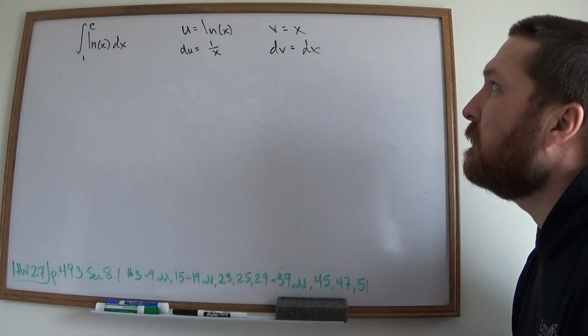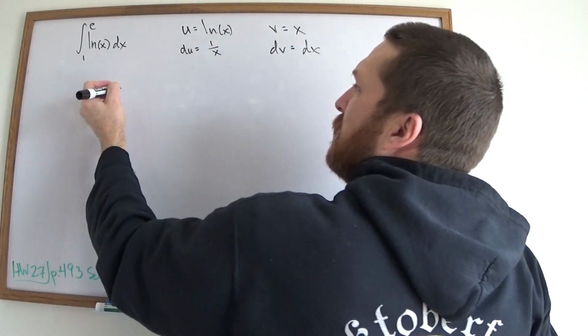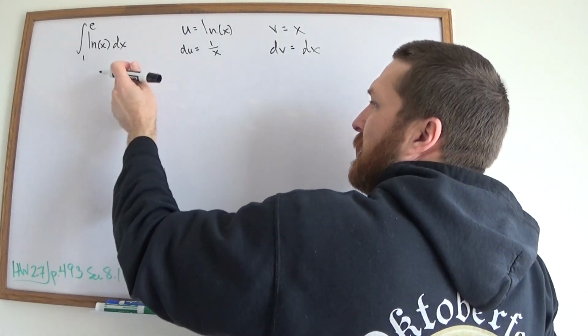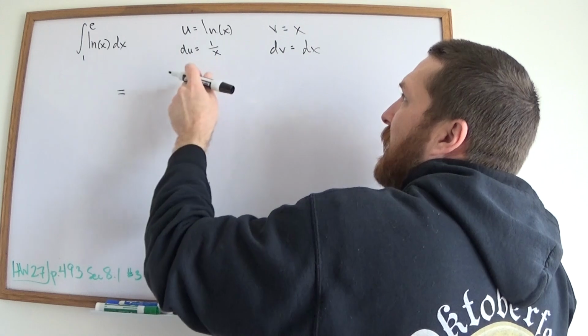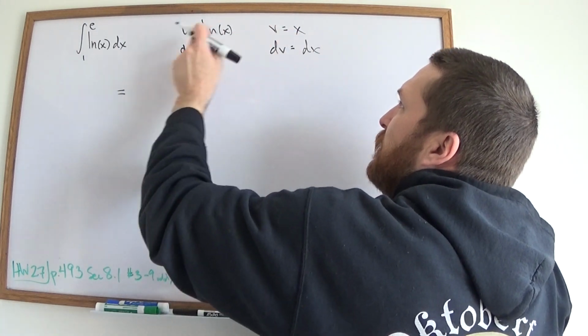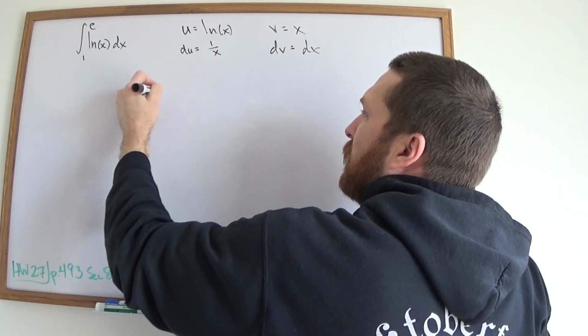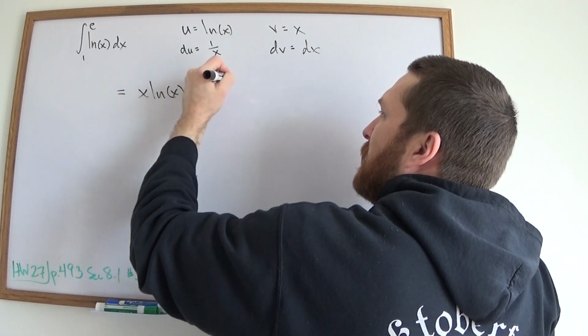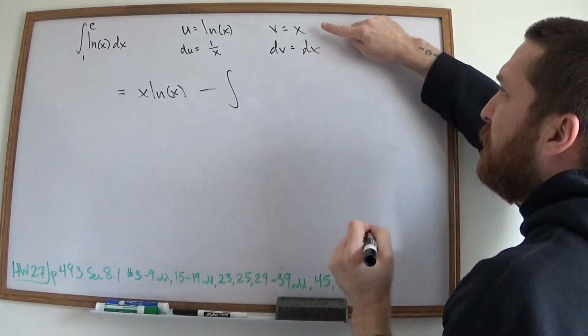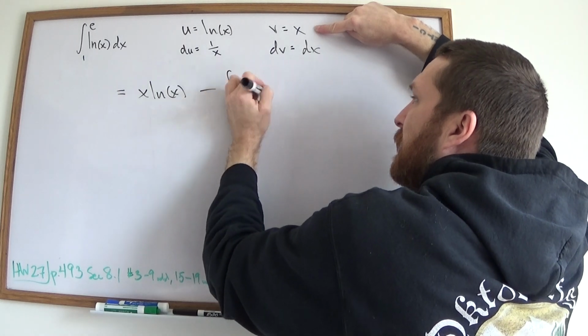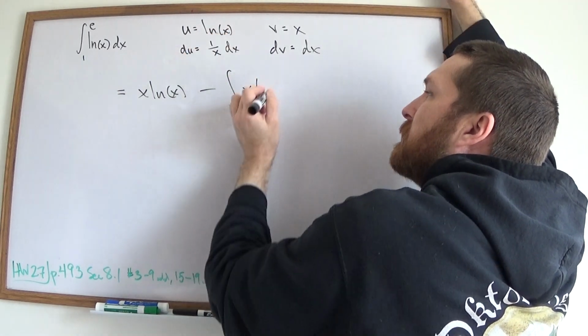So okay, all right. So now let's do this. Let's do the integral of that is uv minus the integral of v du. So uv is going to be x log x minus the integral of v du. And I didn't do my dx. Sorry about that.